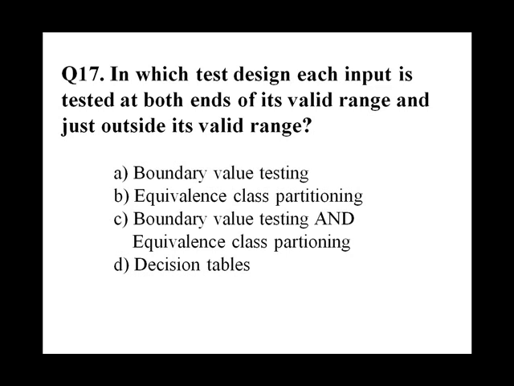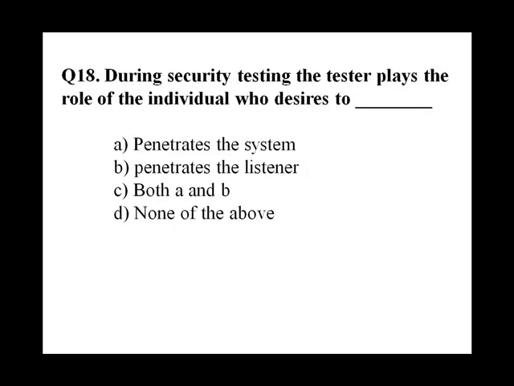The correct option is the first one, boundary value testing. Next question. During security testing, the tester plays the role of the individual who desires to. The options are penetrates the system, penetrates the listener, both A and B, none of the above. The correct option is the first one, penetrates the system.